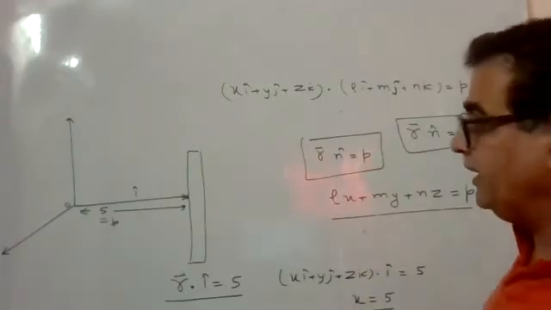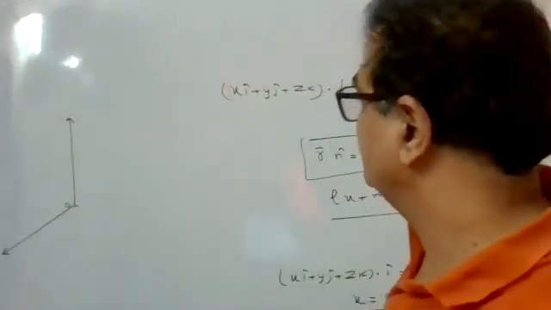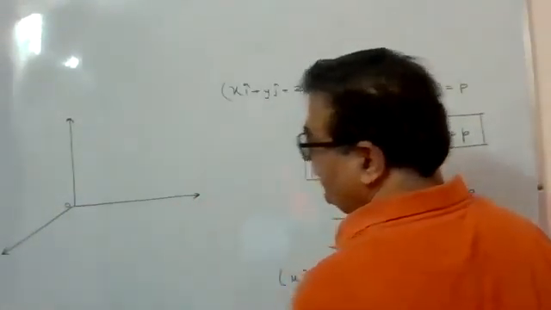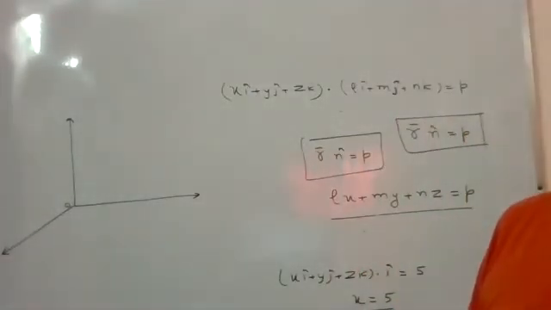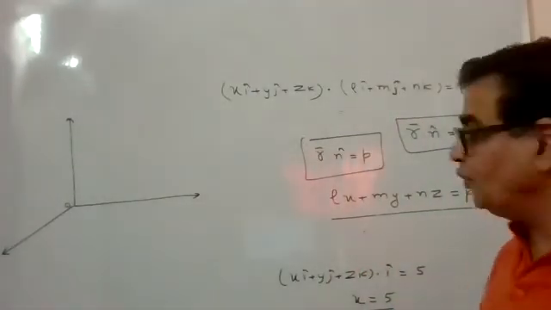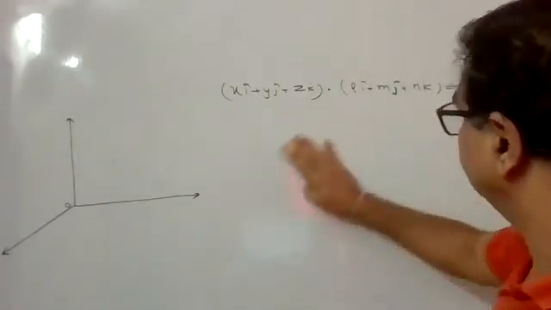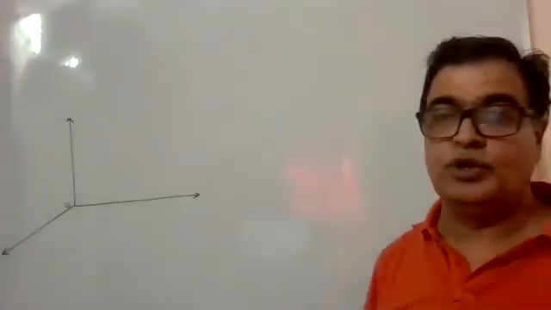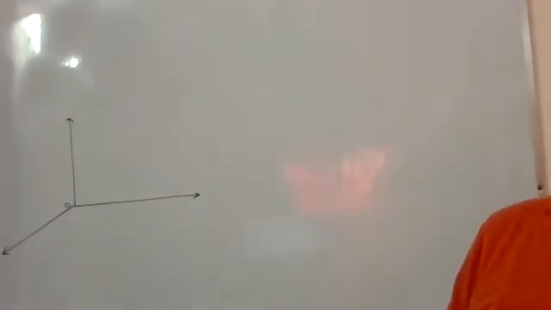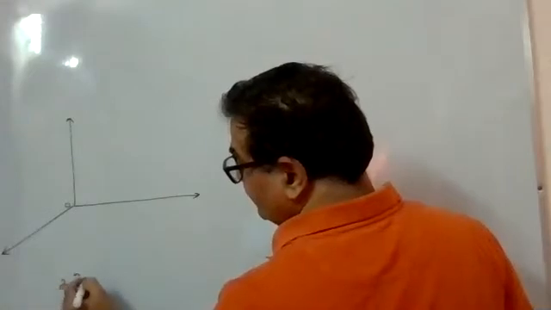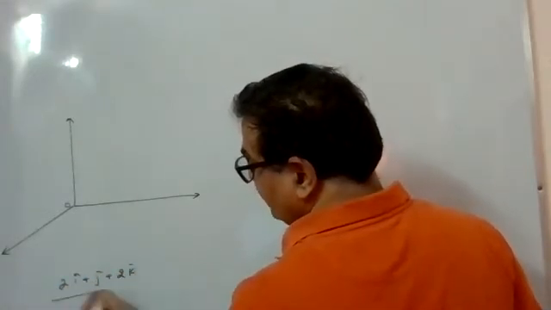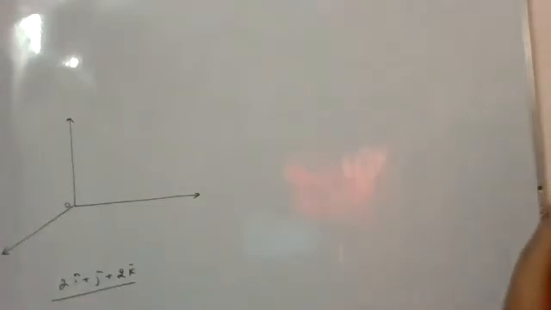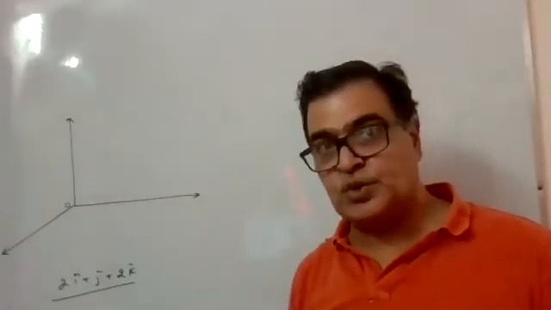Find the vector equation of plane which is at a distance of 8 unit from origin, and which is normal to the vector 2i plus j plus 2k.